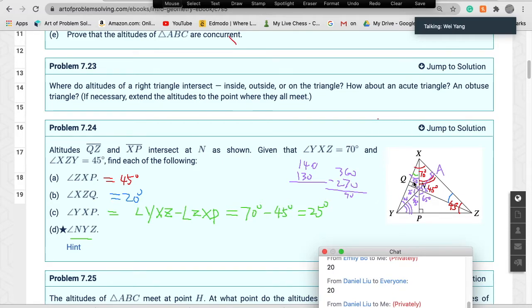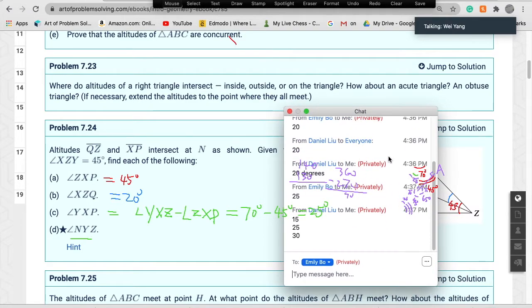This angle should equal, because this angle equals 25, that means this angle will equal 65. So use 65 minus 20, that should be 45.